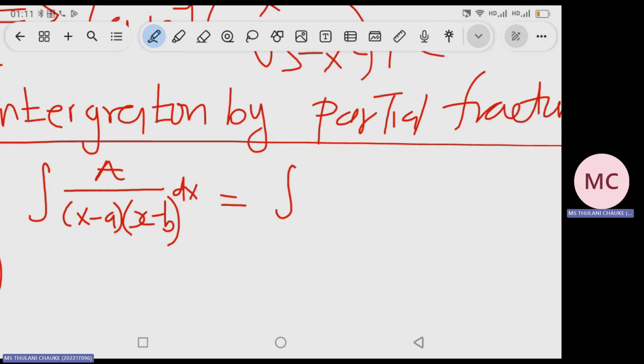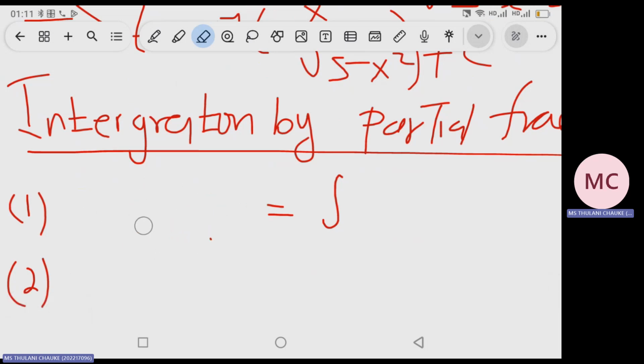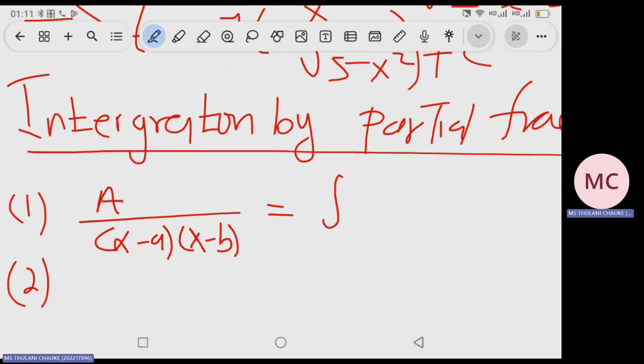Let me remove this for now so that you don't get confused. Let's say you are just having a over x minus a, x minus b. This is our rational function.